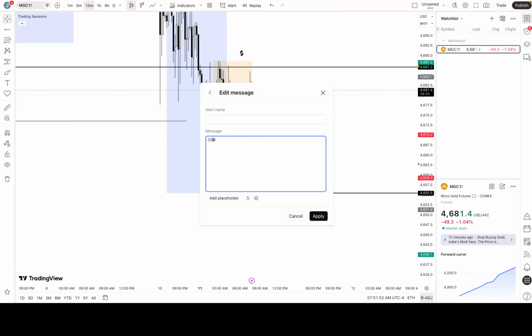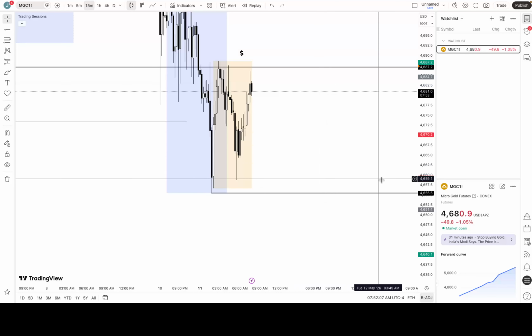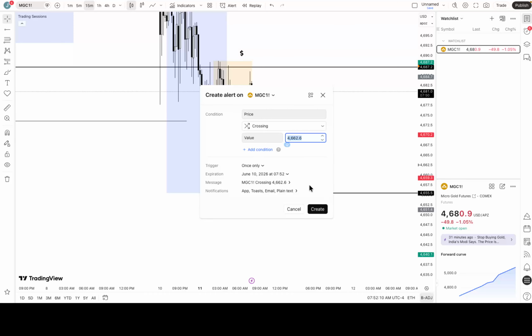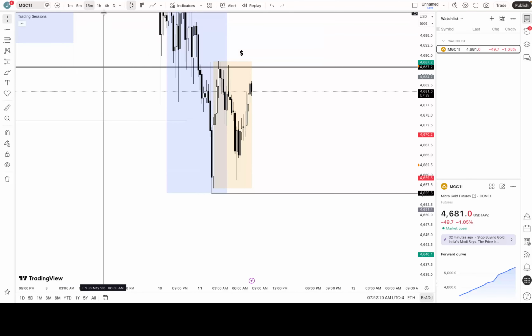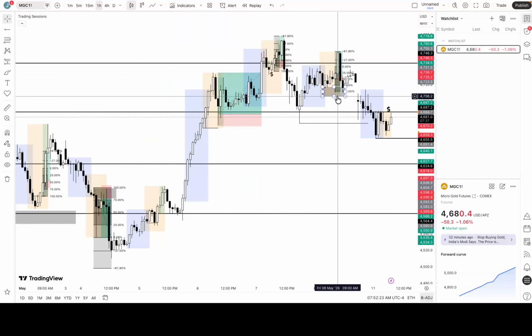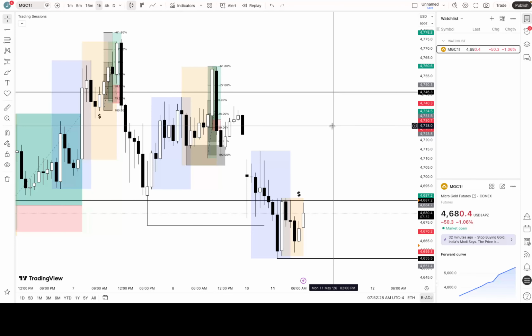Message BOS, internal BOS breaker structure entry model. You see this internal breaker structure? Why did that not create? Okay. So yeah, that's definitely what I'd be looking for.